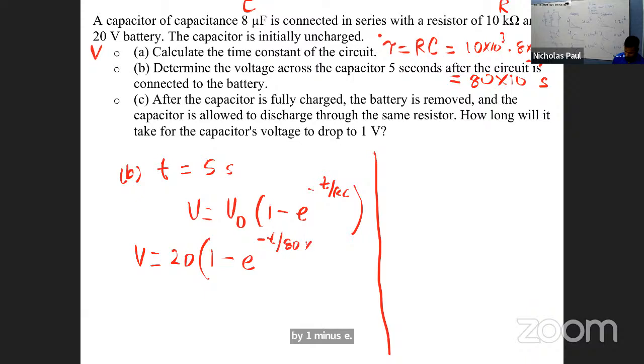So t is 5 over 0.08. Put it in the calculator from over here.